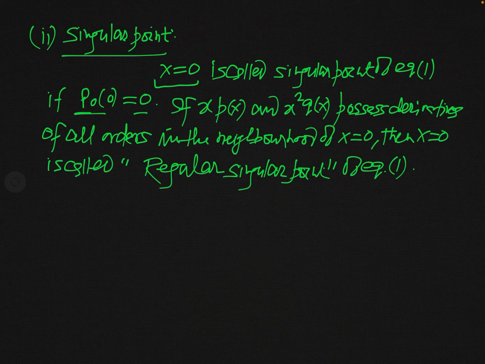And when x equal to 0 is a regular singular point, then at least one of the solutions of this equation 1 can be expressed in a particular type of series, which I will mention here now.